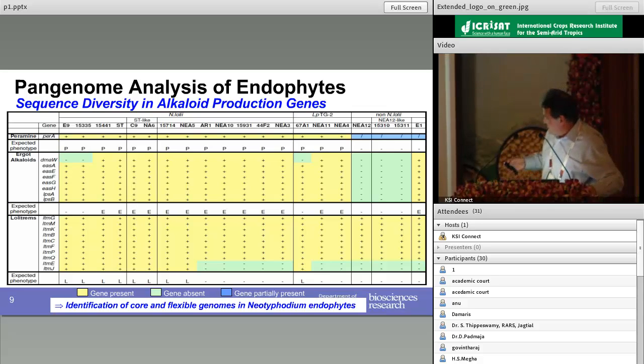And here you see all the genes involved in the biosynthesis of the major bioactivities: peramine, the insect deterrent, ergot alkaloids that also confer part of the insect deterrence, and lolitrem B, the compound that causes ryegrass staggers.